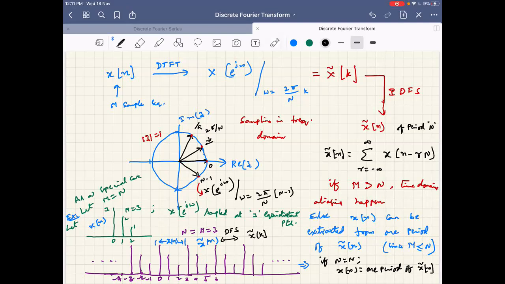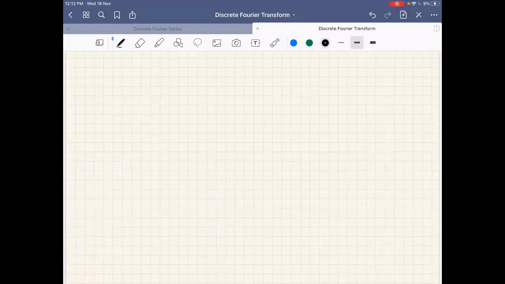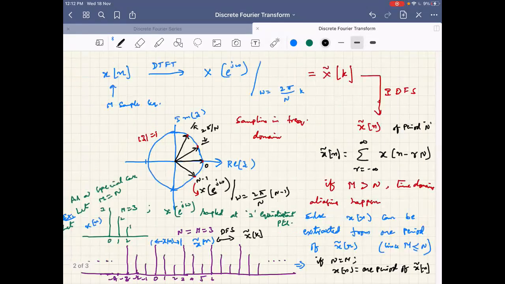The number of samples in the time domain and in the frequency domain will be the same. If we consider only one period while writing the discrete aperiodic sequence and its frequency domain representation, that is referred to as the discrete Fourier transform.